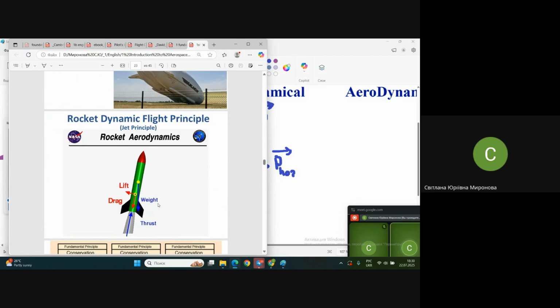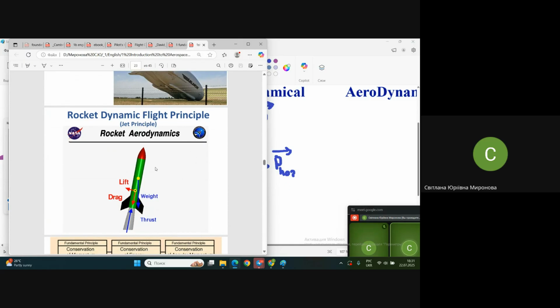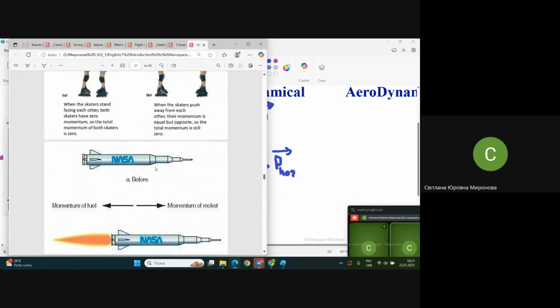Because of this jet force, it is thrown back and pushes the rocket to the front, horizontally, along the horizontal axis of the rocket. In case it was directed not completely vertical or not completely horizontal, this force is split, and as a result the lift appears. That is the idea of this rocket dynamical principle.